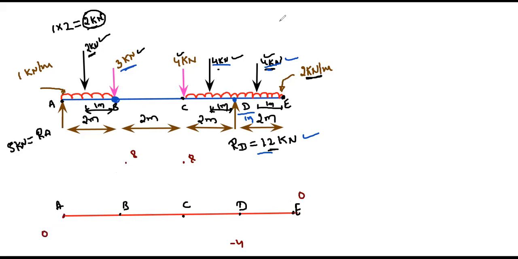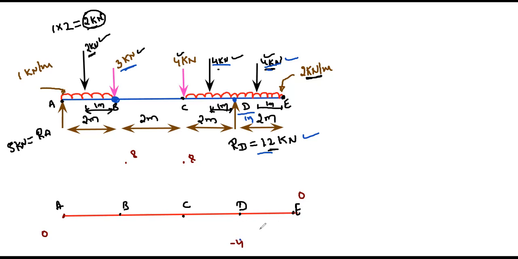Now I need to join these points. To join them, see, between D and E we have a UDL. If you have a UDL, I should get an inclined line in the shear force diagram and a parabolic line in the bending moment diagram.